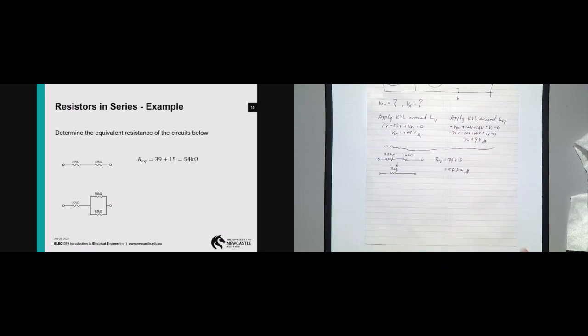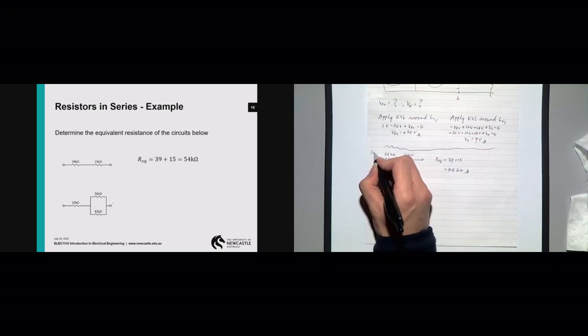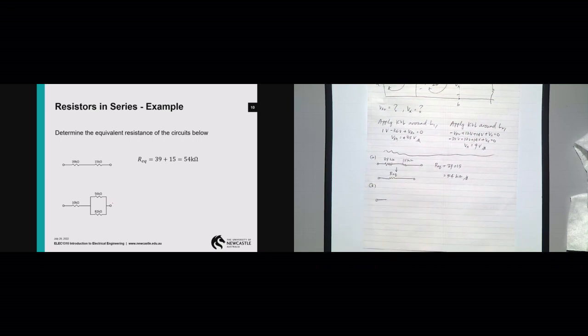So for the second example, for this B, we have a 10 kilo ohm, 56 kilo ohm, and 82 kilo ohm circuit, right? I want to find the equivalent resistance.